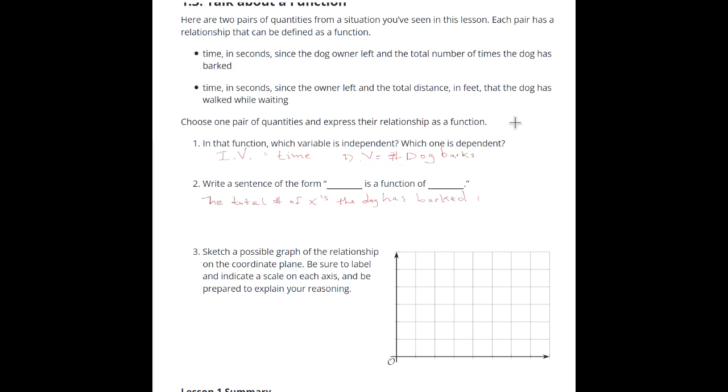We need to know that it's in seconds, not minutes, not hours.